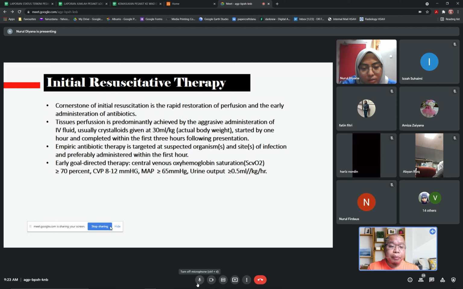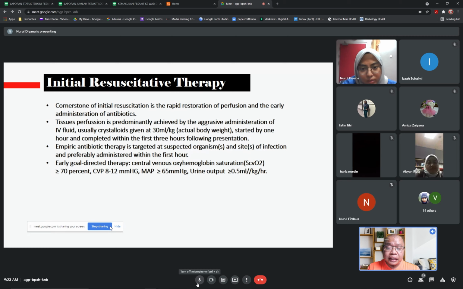And CVP pun orang tak measure routinely because early goal therapy dia bagus, dia give a structure to management of sepsis, tapi the evidence for it tak ada, and in the end it causes more harm to patient sebab unnecessarily lah, sebab semua nak both central line apa semua, and you get more complication from all this invasive procedure.